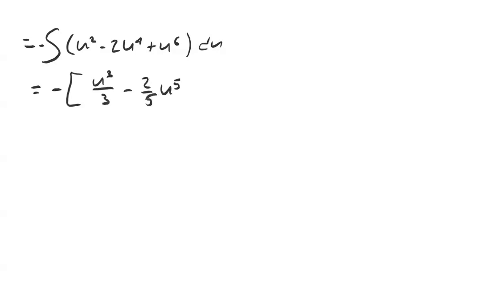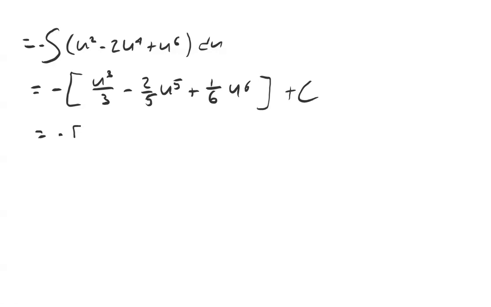So we had a u squared minus 2 u to the fourth plus a u to the sixth, I believe. Let me double check. Yes. And now we're going to integrate this. So negative u cubed over 3 minus 2/5 u to the fifth plus 1/6 u to the sixth plus an integration constant. Then we're going to go back and plug in for u.